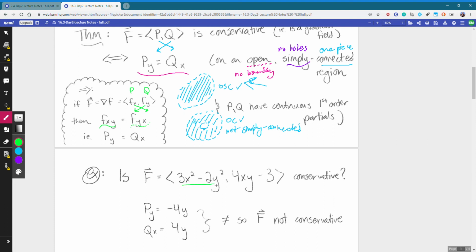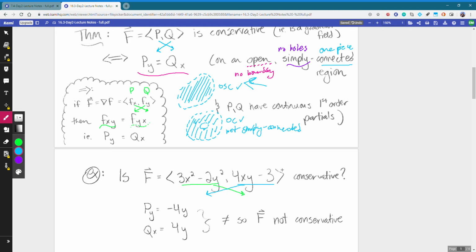Right, we have our x and y components, and we want to take the x component's partial with respect to y and the y component's partial with respect to x, and we're going to get negative 4y for the partial on the left with respect to y.